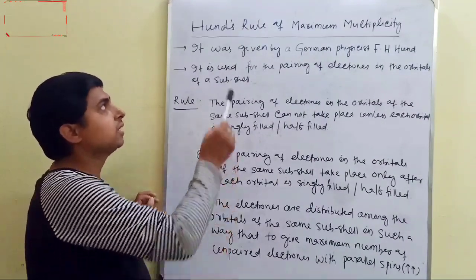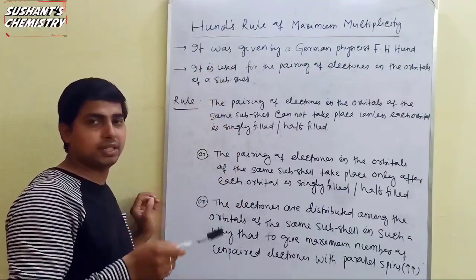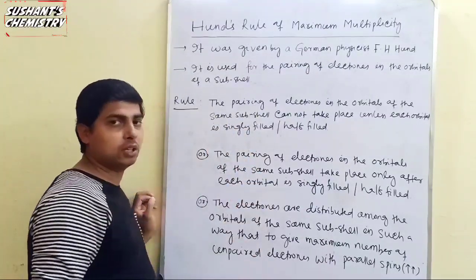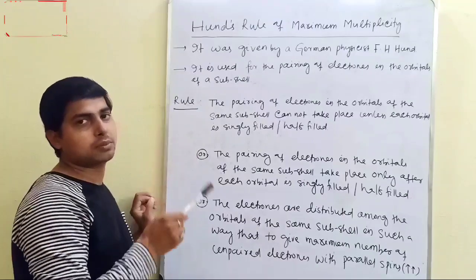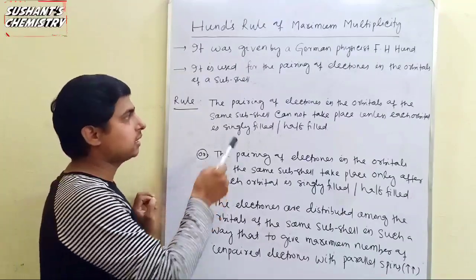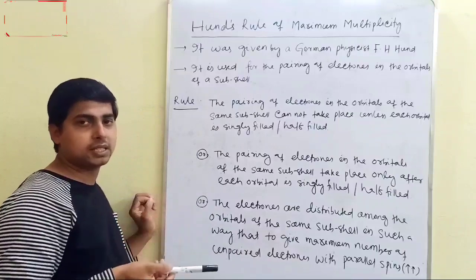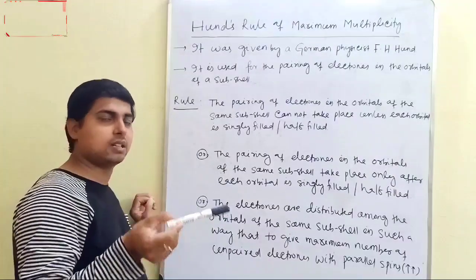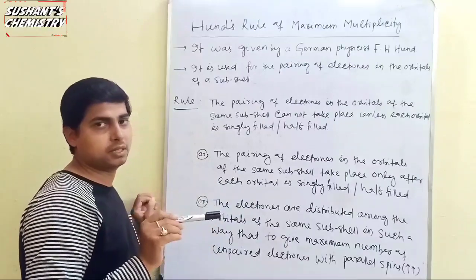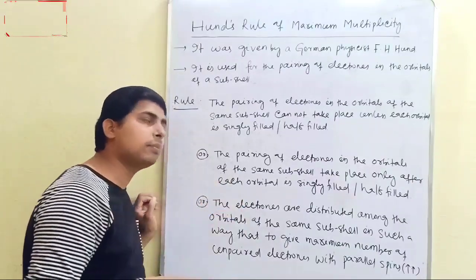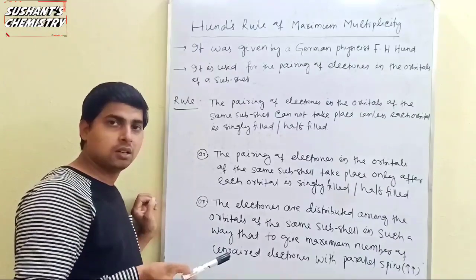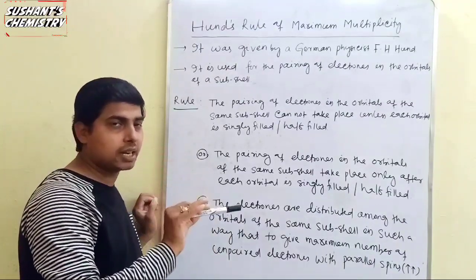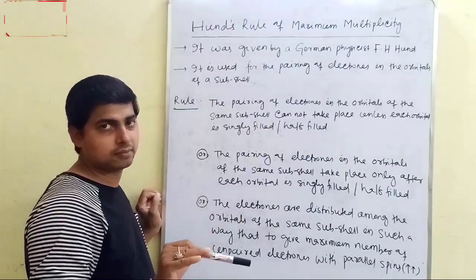I am repeating, this rule was given by the German physicist F. H. Hund. It is used for the pairing of electrons in the orbitals of a subshell, and states that pairing cannot take place unless each orbital is singly filled or half filled.